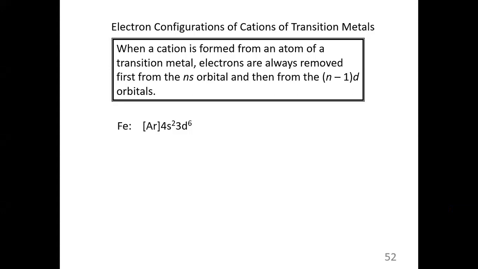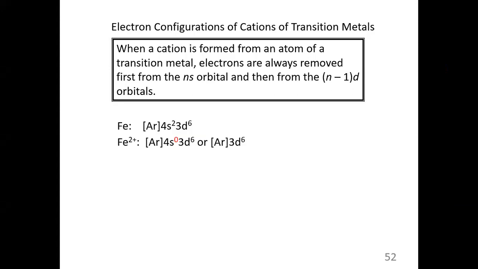Now we learned that iron can make 2 different kinds of ions, the iron 2 and the iron 3. Well, let's see what that looks like. Instead of taking out the electrons from the 3d subshell, iron 2 is made by taking out the 2 electrons in the 4s subshell.